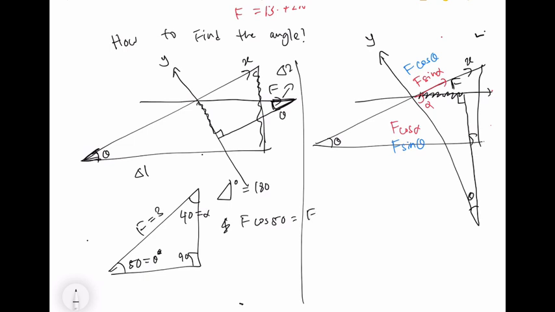Is that correct? If you press your calculator, that's 0.6427, and sine of 40 is also 0.6427. So yeah, check. You can do it for all angles and see that you get the right answer. But this is how you would find the angle if you ever get confused.